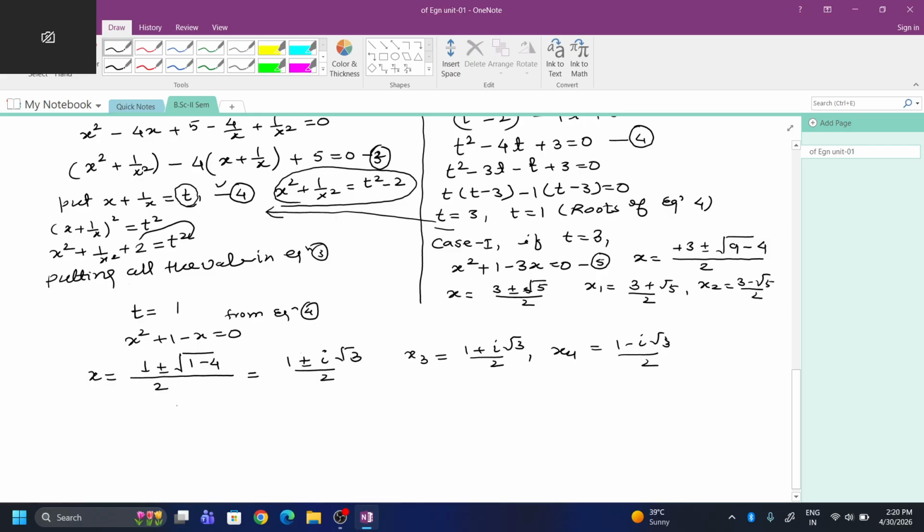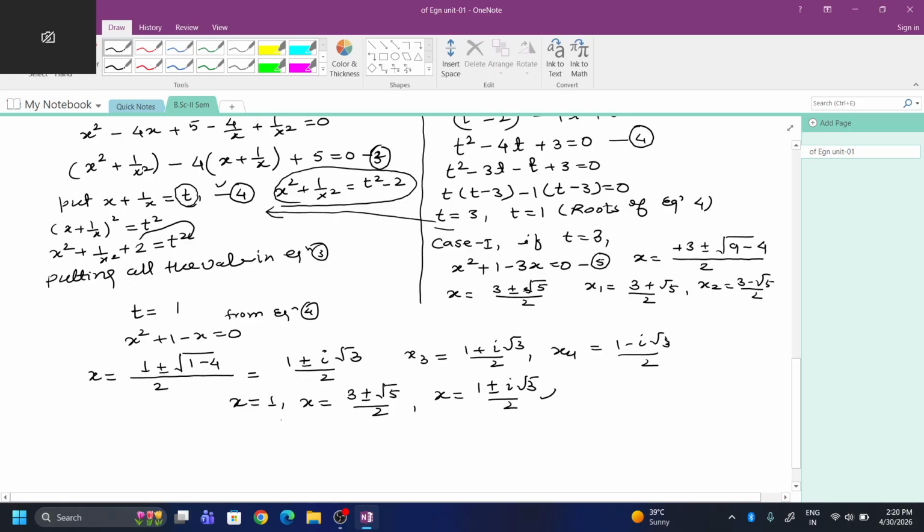Why? Because the degree of the equation is 5. So final answer is x is equal to 1, x is equal to 3 plus minus root 5 by 2. The other answer is x is equal to 1 plus minus iota root 3 upon 2. So hence we get the 5 roots of this reciprocal equation.